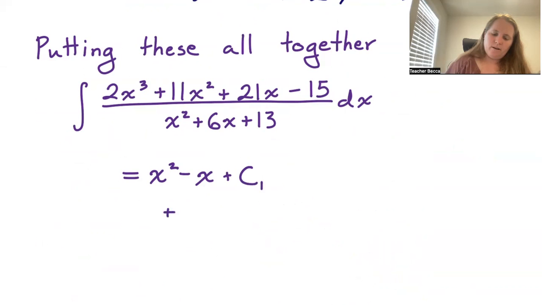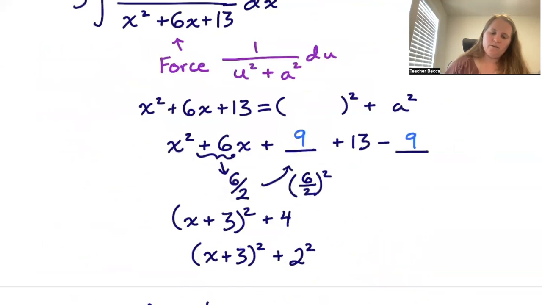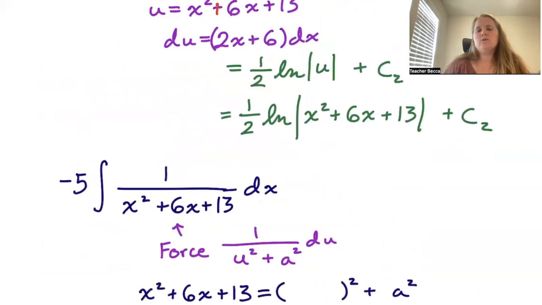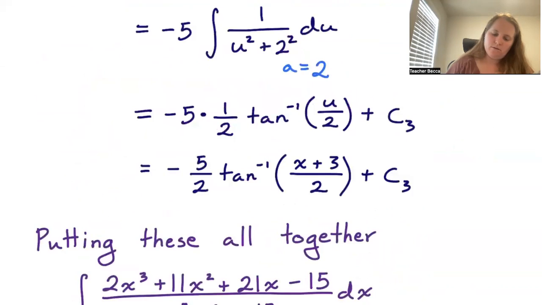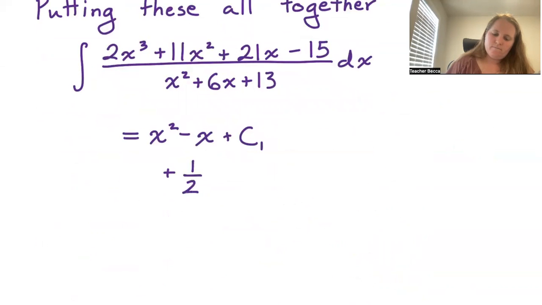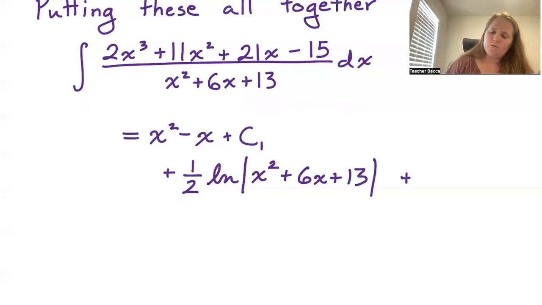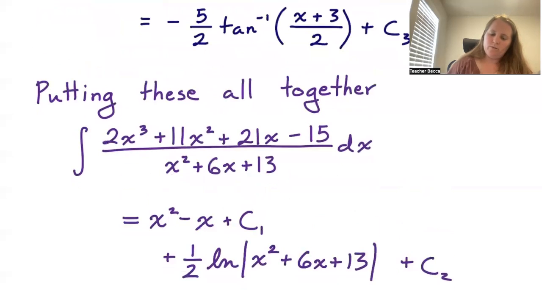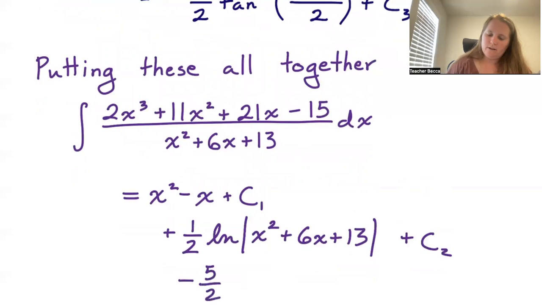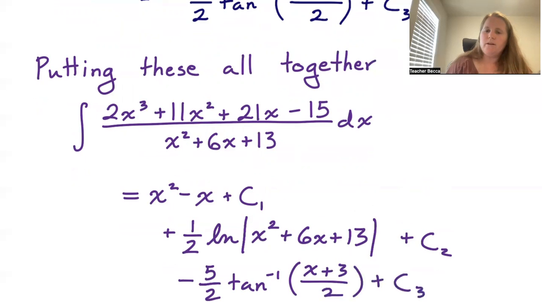Then we have plus the second component, a 1/2 natural log absolute value of x squared plus 6x plus 13 plus c2. And then our last component, we subtract off 5/2 of tan inverse of x plus 3 over 2 plus c3.